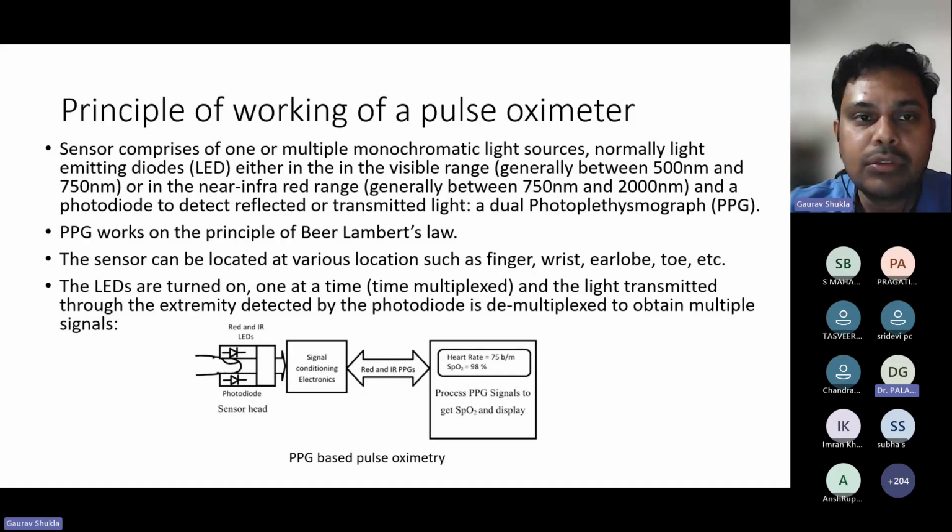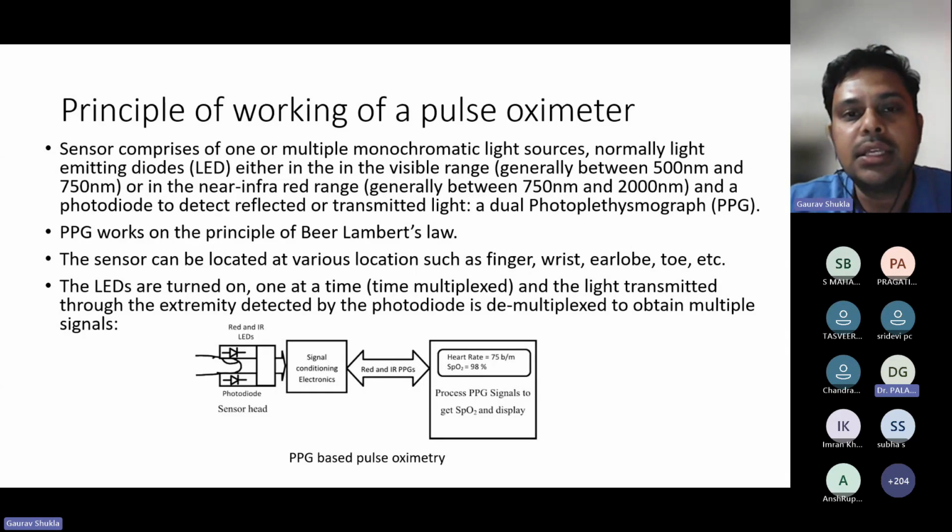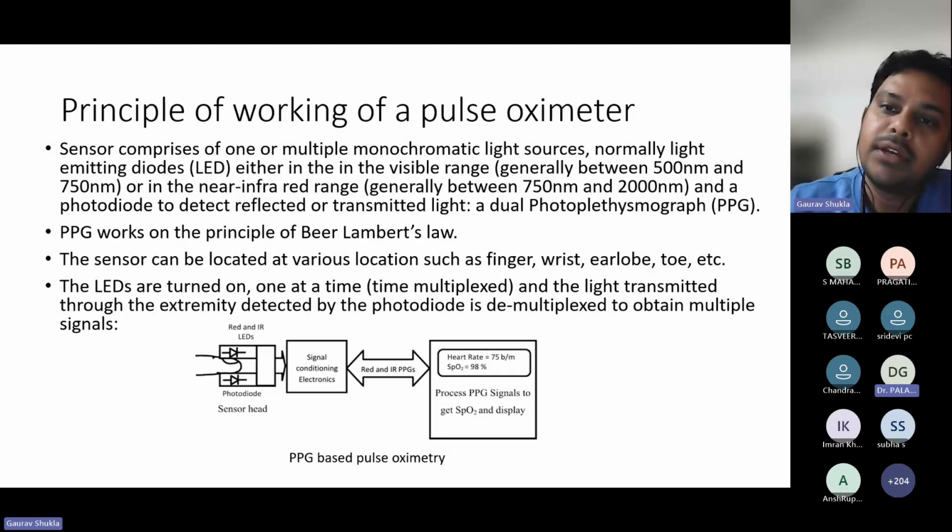The LED will have a wavelength ranging from the visible range to the near infrared range. The visible range mostly lies from 500 nanometers to 750 nanometers, and the infrared range lies from 750 nanometers. It can go up to 2000 nanometers.